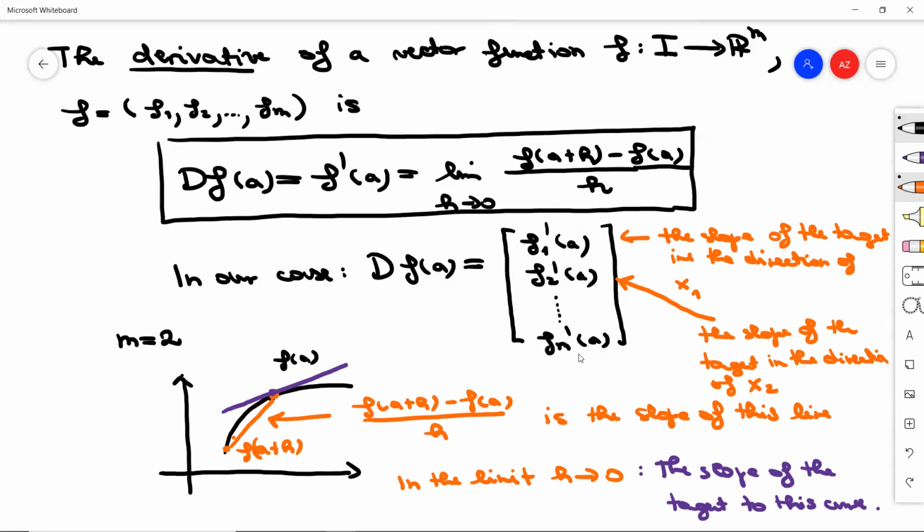And what is actually this derivative? This derivative is in fact the velocity vector when we travel along our curve with respect to this parameterization f.